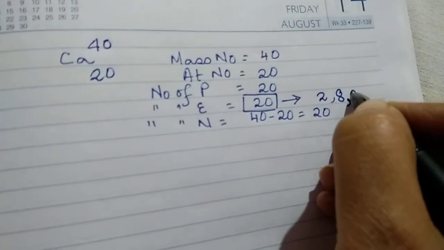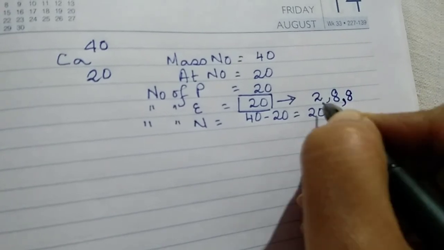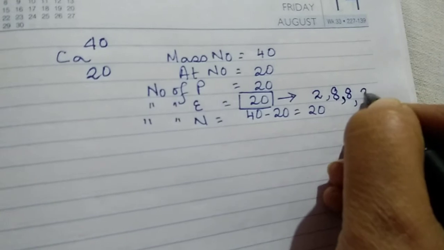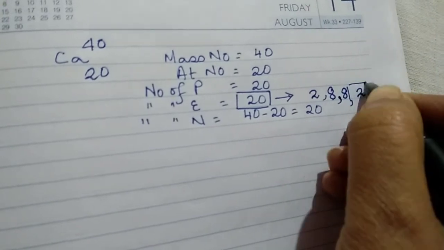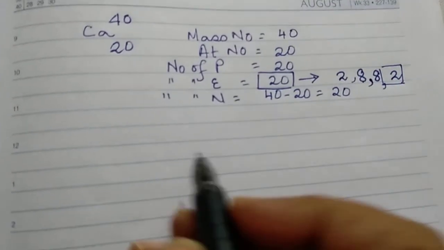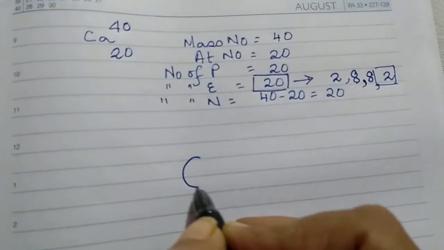So in the third shell also 8 electrons will go. So 2 plus 8, 10, 10 plus 8, 18, and 2 in the fourth shell. So these are the valence electrons. So you have 2 electrons in the outermost orbit. So the valency of calcium is 2.